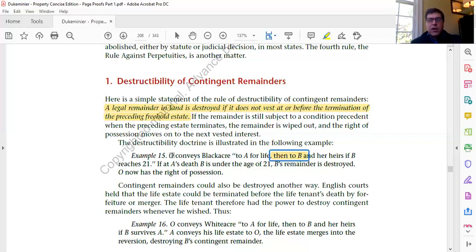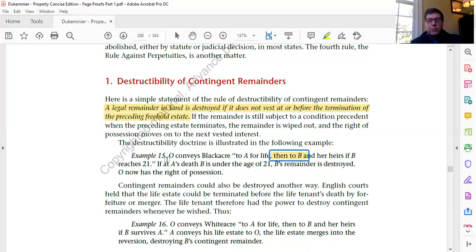And so here, O had a fee simple estate. He has conveyed a vested life estate to A, but the fee simple estate that he conveyed to B is not vested, it's contingent. And so the vested life estate that he conveyed is an estate of a lesser quantum than the vested fee simple estate that he had. And so O has retained a reversion in this hypothetical.